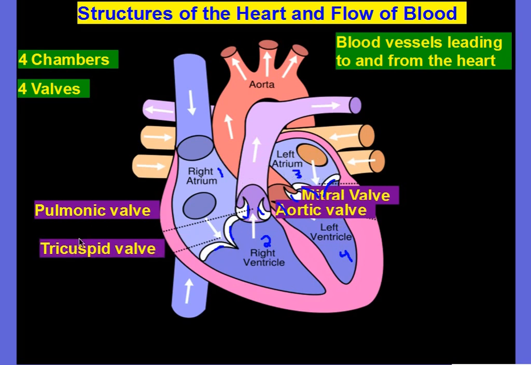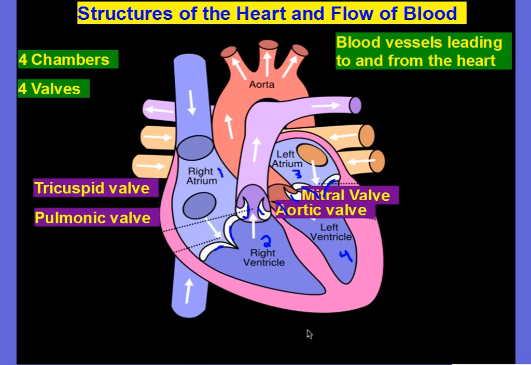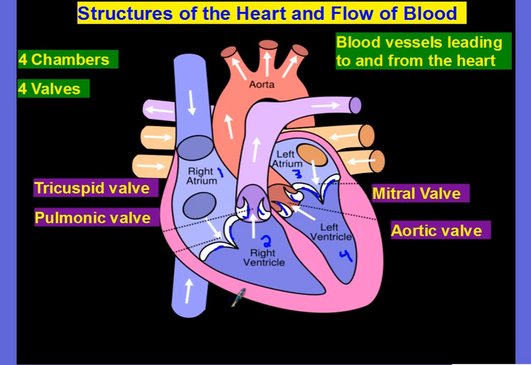So you have the tricuspid valve right here, also sometimes called the right atrial valve. You have the pulmonic valve, you have the mitral valve, and you have the aortic valve going to the aorta.